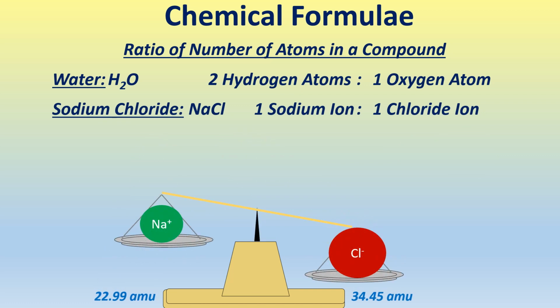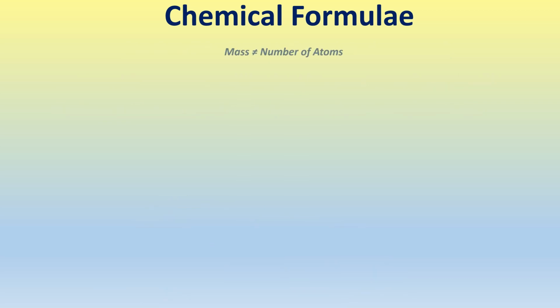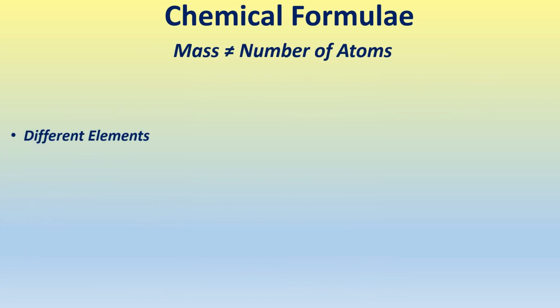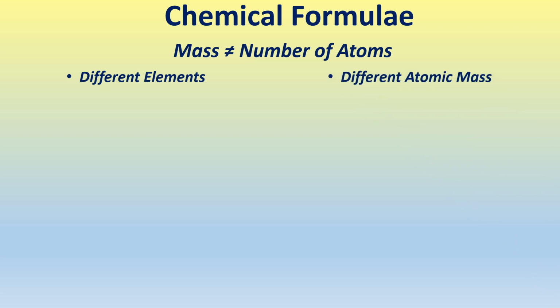Therefore, you cannot simply weigh them to determine what a 1-to-1 ratio is. The question is, since mass does not necessarily equal the number of atoms, how does one find out how many atoms are in any given compound, and how does one do chemistry?